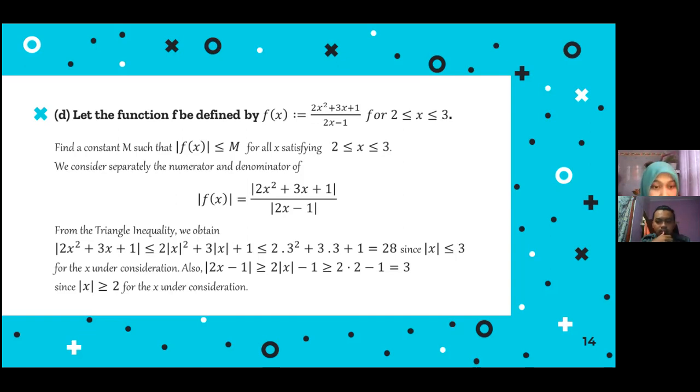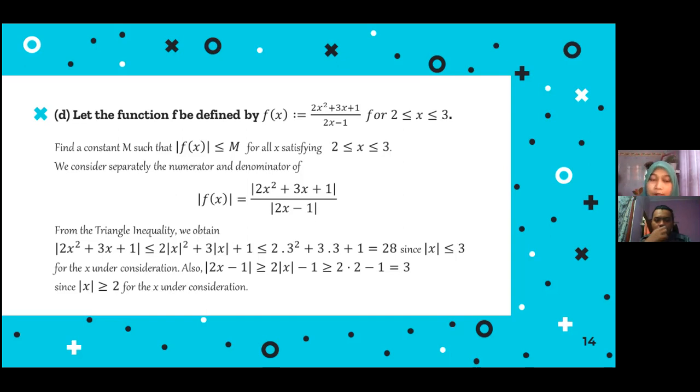From the triangle inequality, we obtain |2x² + 3x + 1| ≤ 2|x|² + 3|x| + 1 ≤ 2·3² + 3·3 + 1 = 28, since |x| ≤ 3 for the x under consideration.